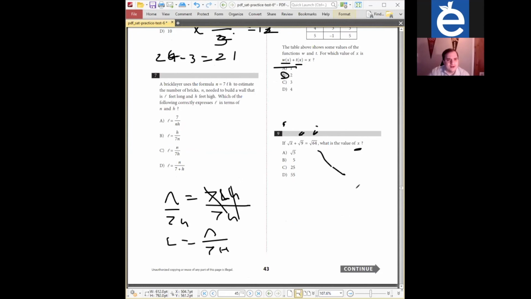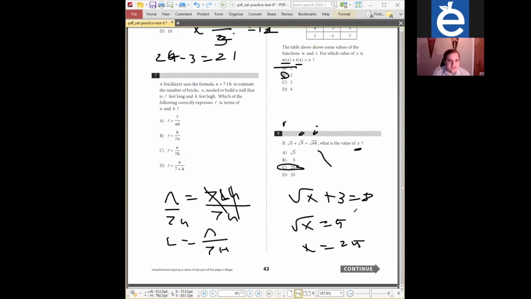So you're going to have 8 is equal to 3 plus the square root of x. Right? So then the square root of x is equal to 5. X is equal to 25. Boom. Right? Very straightforward. All you have to do is follow the math.